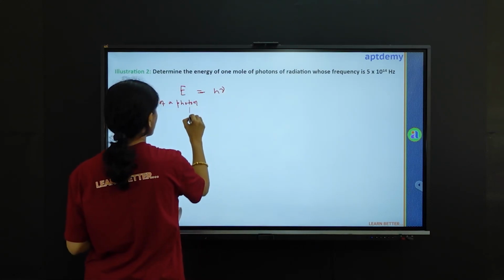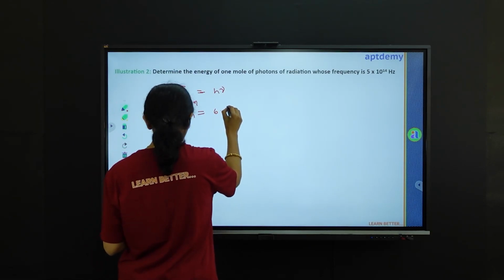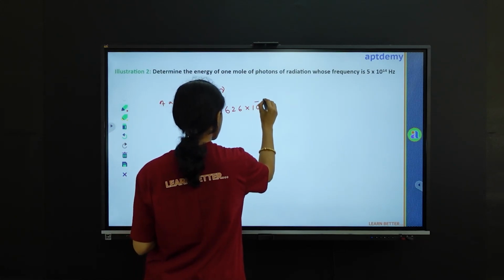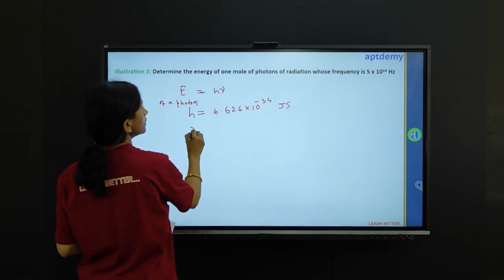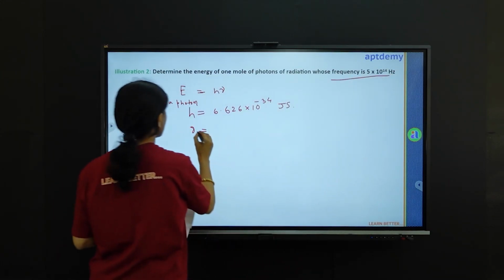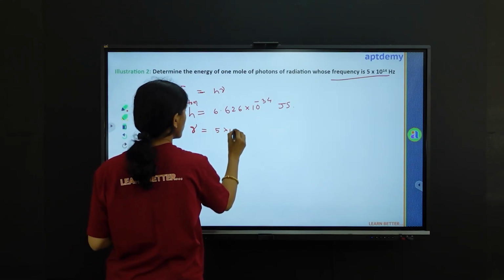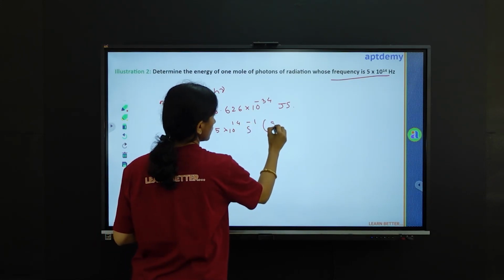Here h is the Planck's constant, having the value of 6.626 times 10 to the power minus 34 joule second, and the frequency nu is given as 5 times 10 to the power 14 second inverse, and this is our given data.